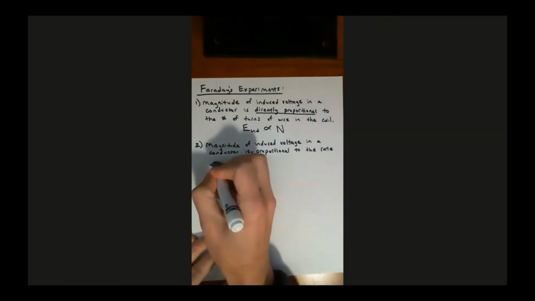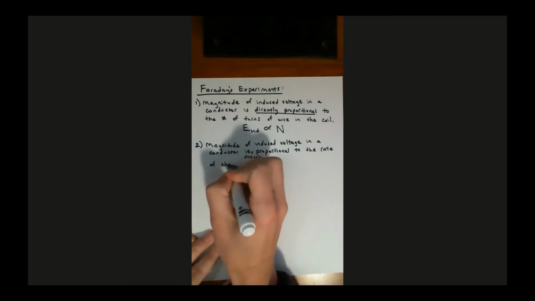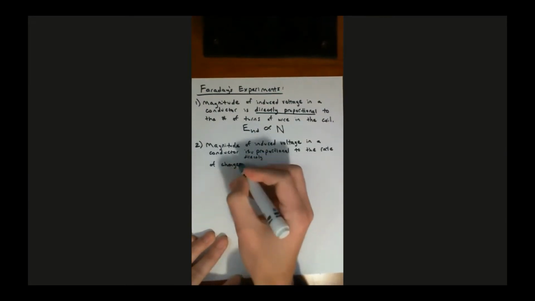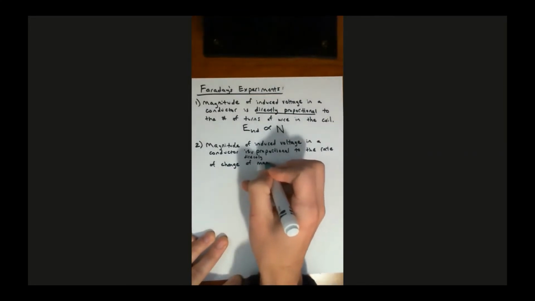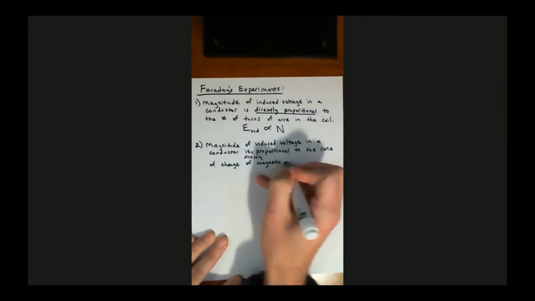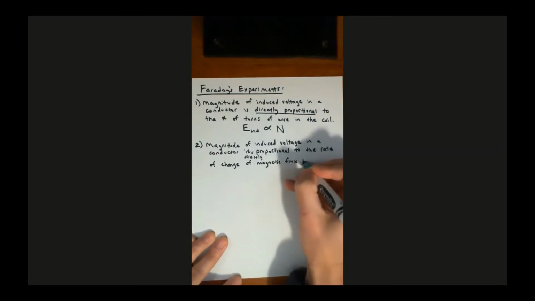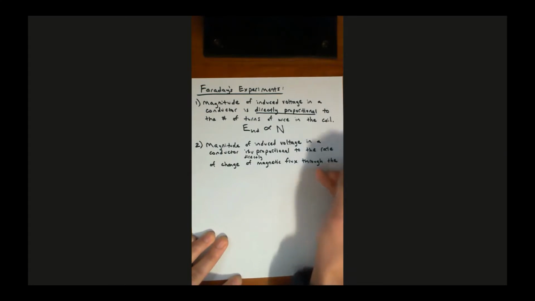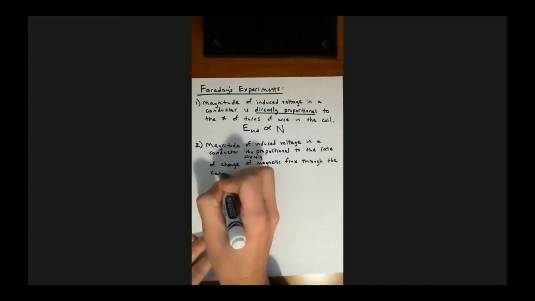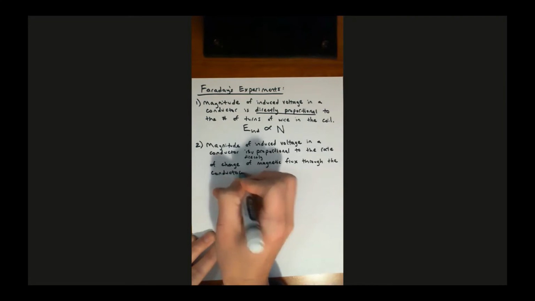The rate of change means how quickly something is changing. The rate of change of magnetic flux through the conductor. This is what I was trying to show with the experiment as well.